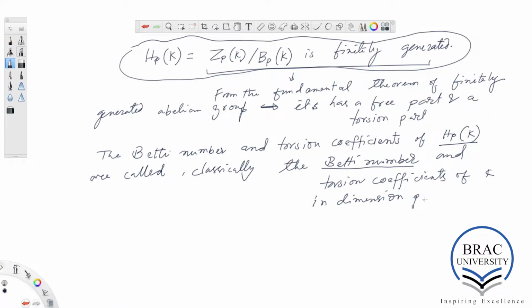So in the present lecture, we'll compute the Betti numbers and torsion coefficients of compact surfaces.